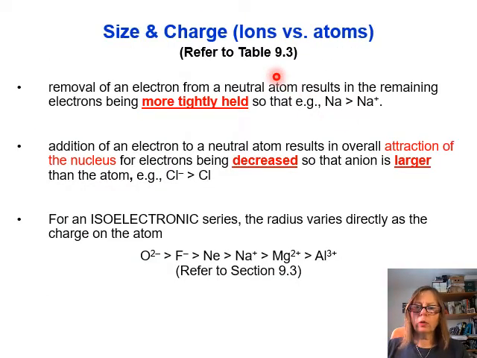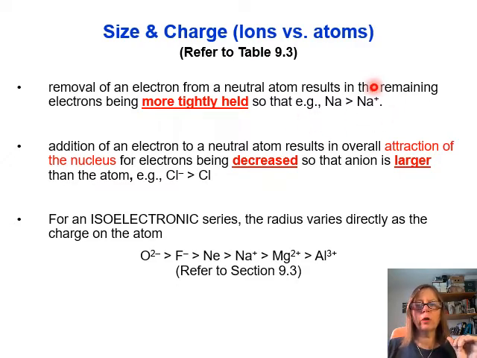Now that we have talked about ionization energy, giving us cations, and electron affinity, giving us anions, let's talk about the relative sizes of ions and neutral elements. First, removal of an electron will result in the ion being smaller than the parent element.